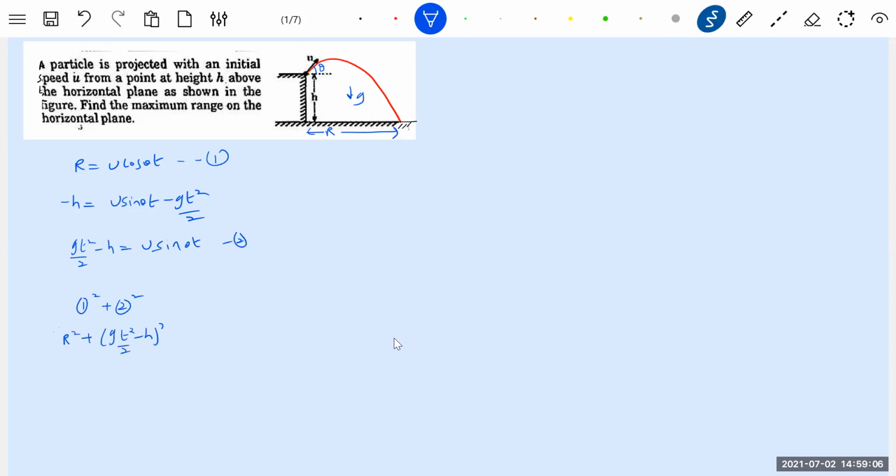Gt square by 2 minus h whole square equal to u cos theta t whole square plus u sin theta t whole square. R square, this I have to expand, no other way. G square t to the power of 4 by 4 plus h square minus g t square h is equal to, this will be u square cos square theta, this will be only t square.